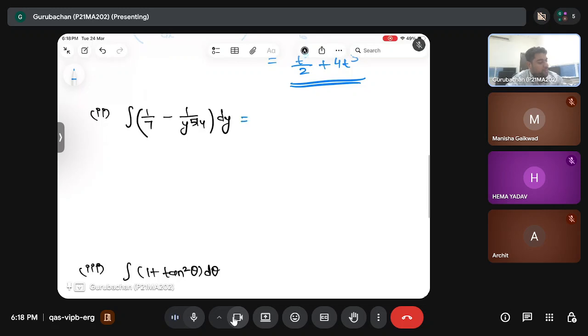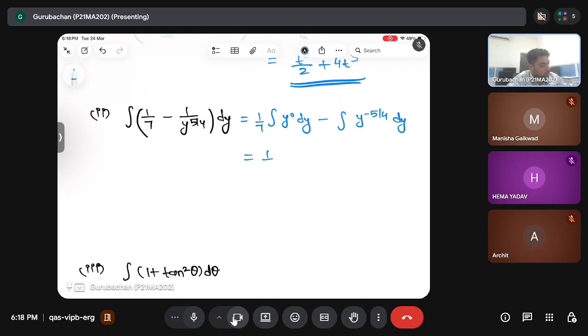So this one is similar to the above. We simply take the scalar outside and it will be integral of 1 dy, which can be written as y to the power 0 dy minus 5 by 4 dy.